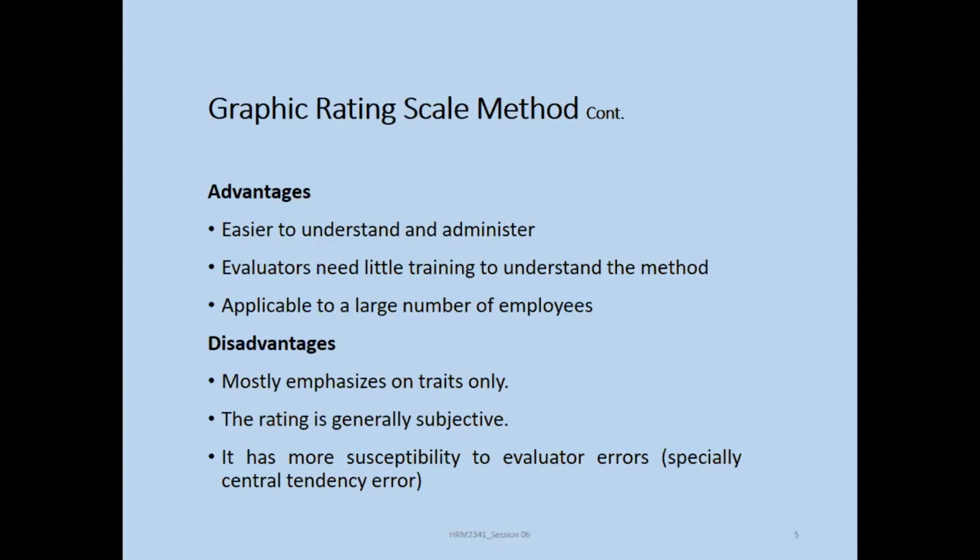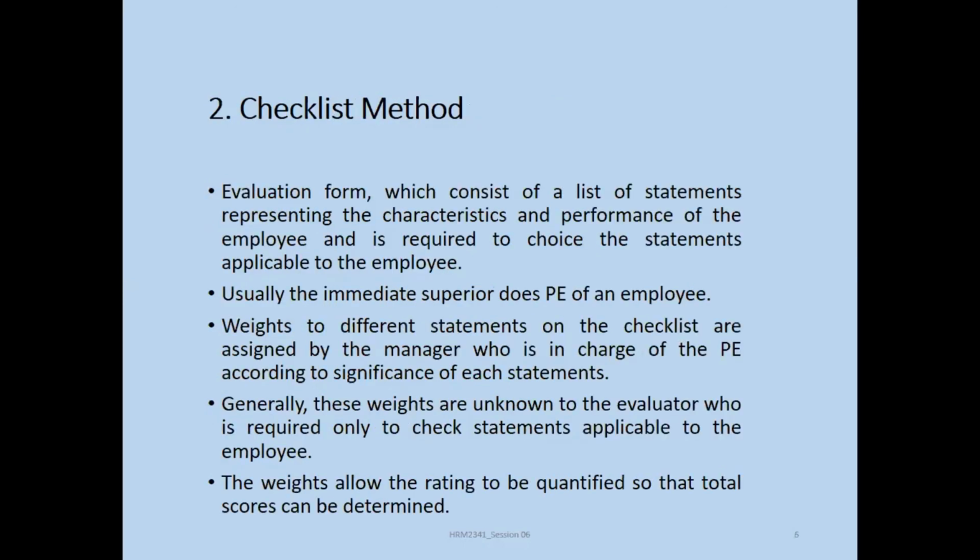Up to this point, we discussed what the graphic rating scale method is, how it is applied in a practical graphic rating scale performance evaluation form, and then the advantages and disadvantages of the graphic rating scale method. The second method is the checklist method.